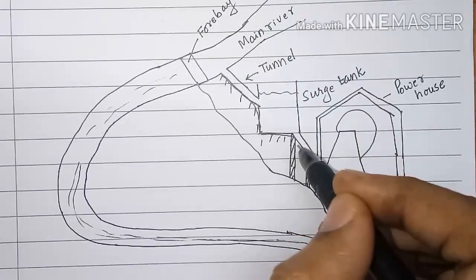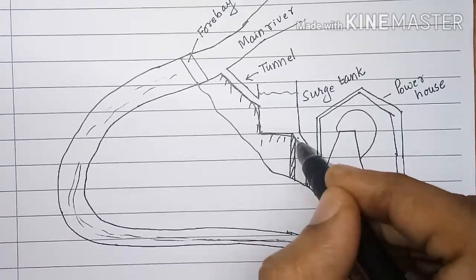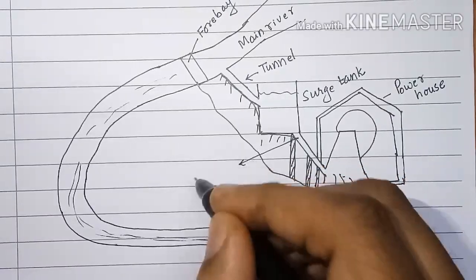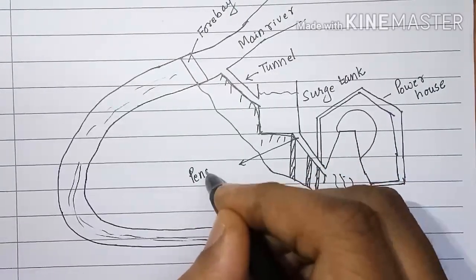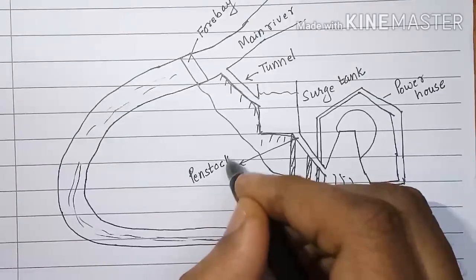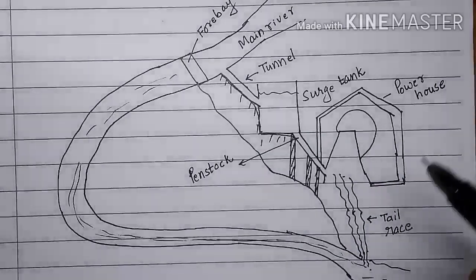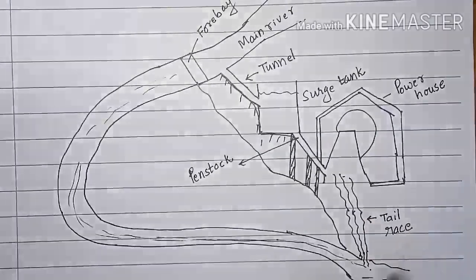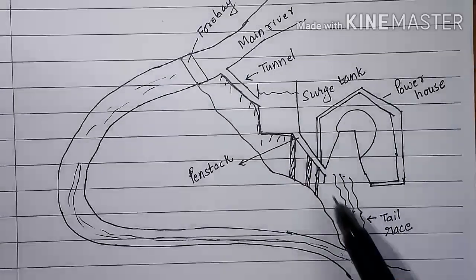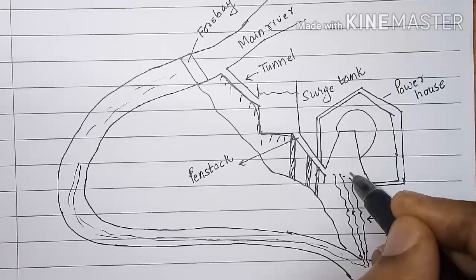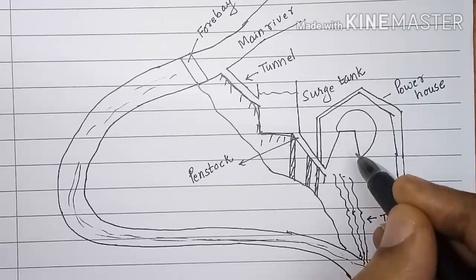So here is penstock. This is powerhouse. The water that enters into the powerhouse will rotate the turbine.